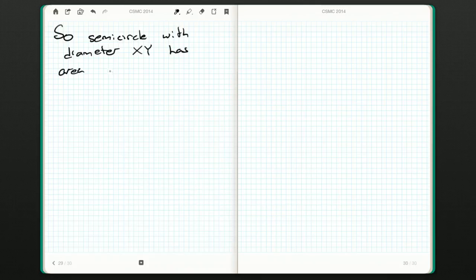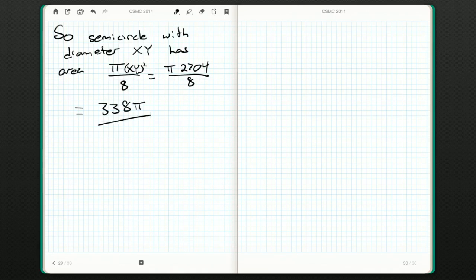So we have area of pi over 8 of XY squared. Well, that's pi times 2,704 divided by 8. Well, 2,704 divided by 8, that's 338. 338 pi.